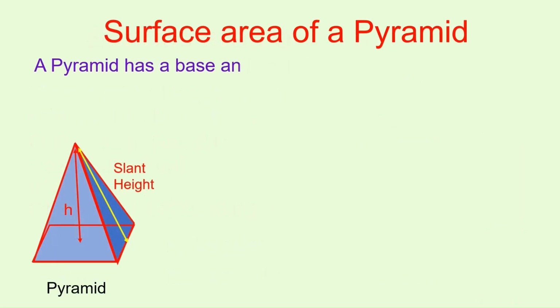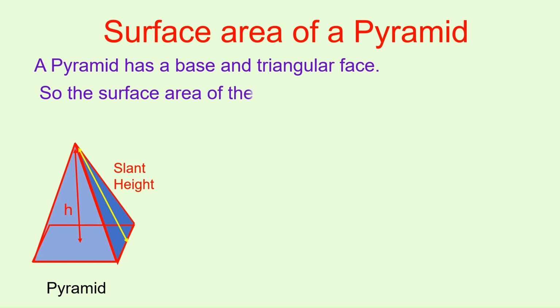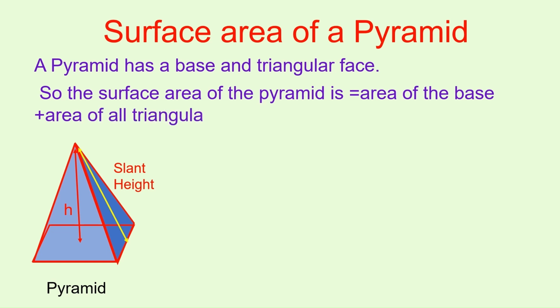Surface area of a pyramid. A pyramid has a base and triangular faces. So the surface area of the pyramid equals the area of the base plus the area of all triangular faces.